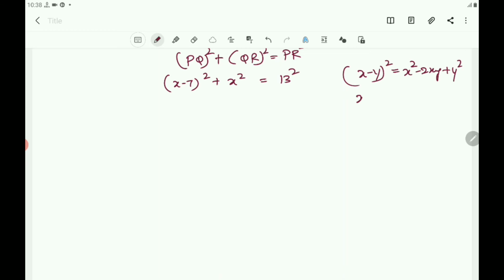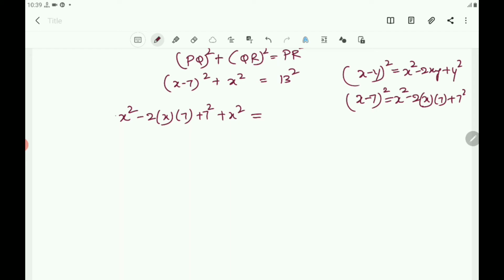So x minus 7 whole square is x square minus 2 into x into 7 plus 7 square, plus x square equals 13 square, which is 169.